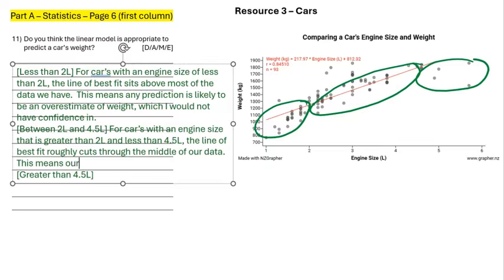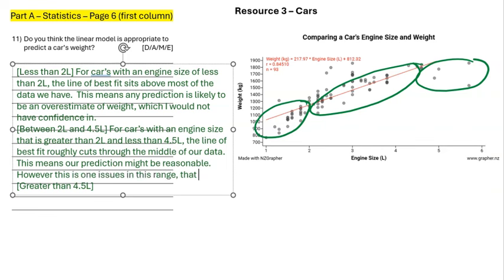This means our prediction might be reasonable. However, there is one issue in this range, that is the significant variation for cars with a 3-liter engine. I just wanted to note that there, because that does cause doubt, because there were a lot of cars at that 3-liter number.